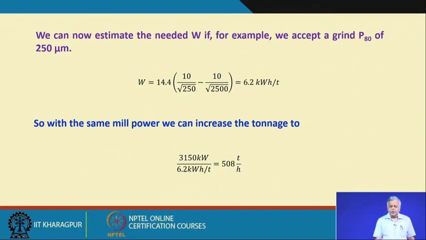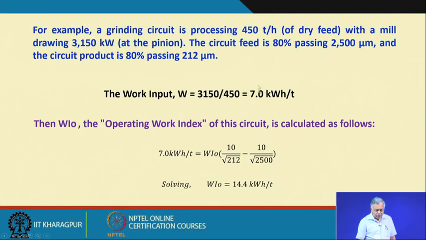Or maybe this information you can use to say that we will have the fixed energy consumption, but can we increase the capacity of my mill? Yes. So, with the same mill power, we can increase the tonnage. It was consuming 3150 kilowatt, divided by 6.2. So, that means your capacity will be increased to 508 tons per hour from 450 tons per hour.